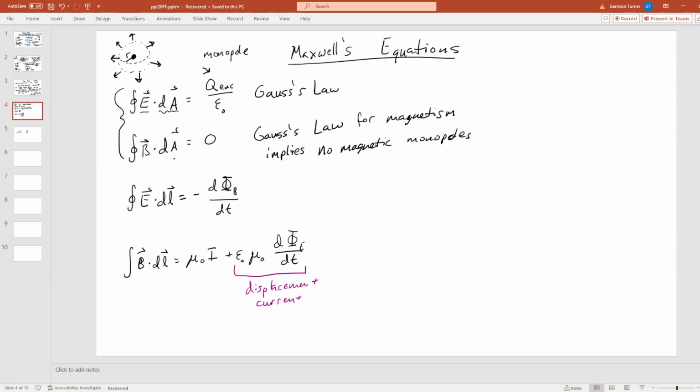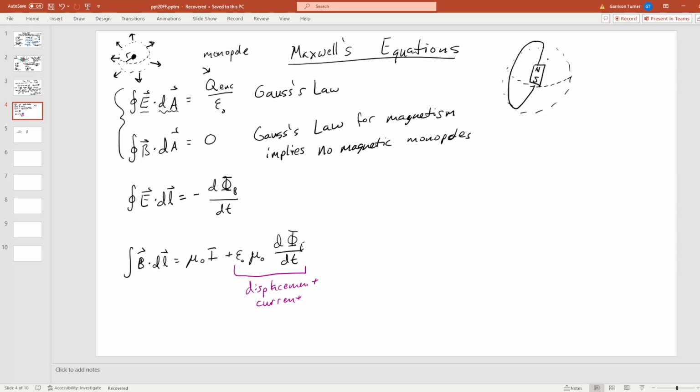So the entire issue is that so far as we have found, if I have a magnet, let's say a bar magnet, and I draw a Gaussian surface around that magnet, I will never measure any net flux through this surface. If this is a bar magnet, then we know this is a north pole and a south pole.